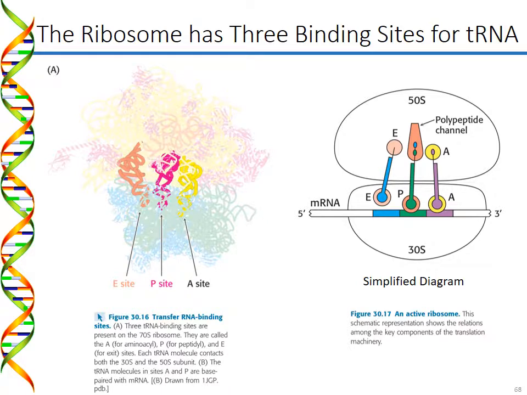So looking at the system a little bit more simply, here we see the active ribosome, 50S, 30S, and we're representing the tRNA as just kind of a stick with you see the purple tRNA molecule with an oval up there, again representing the amino acid.